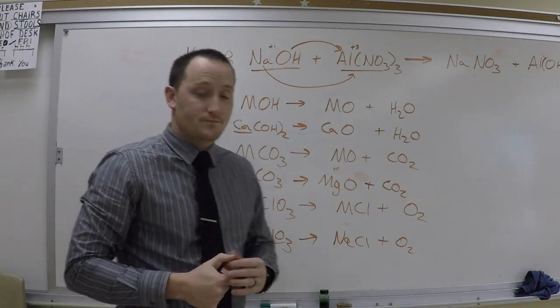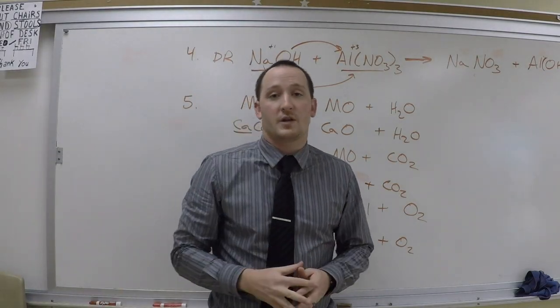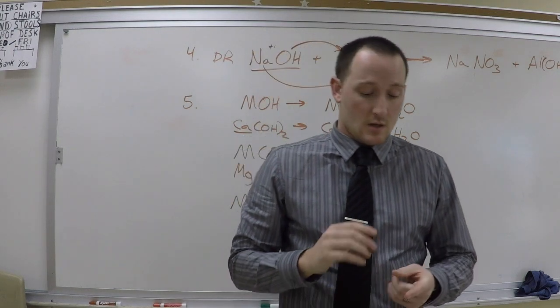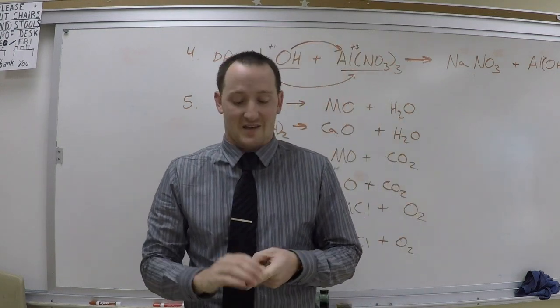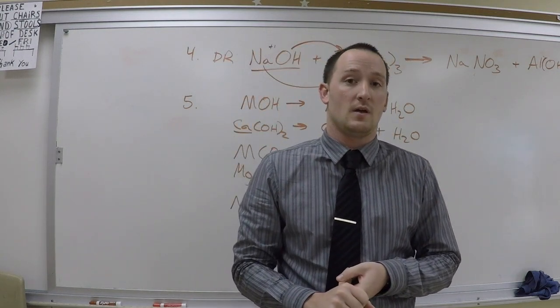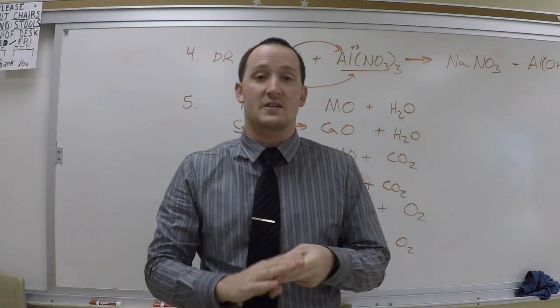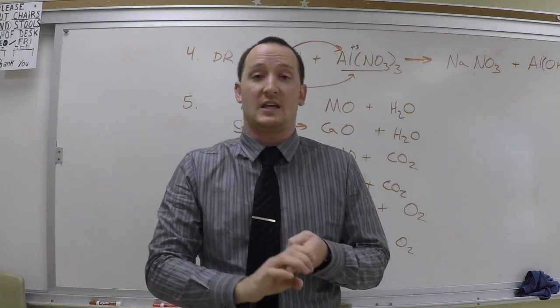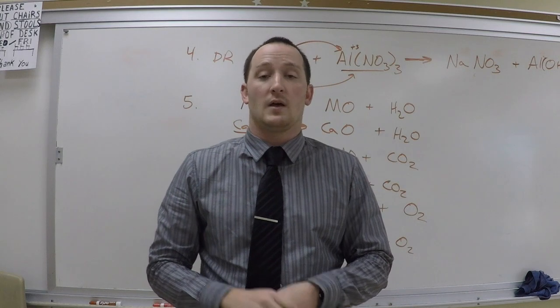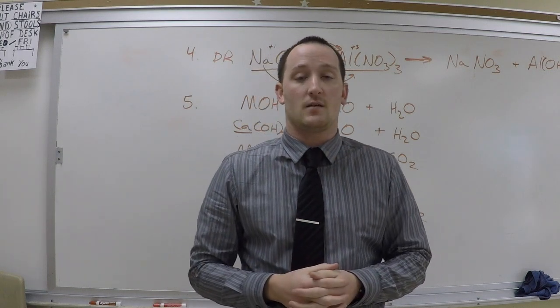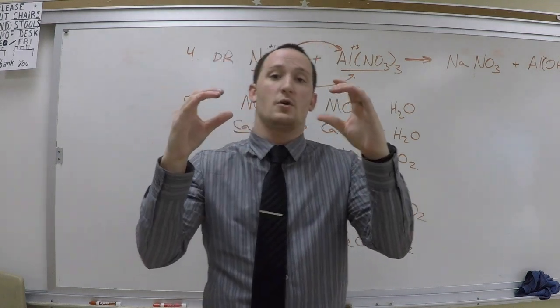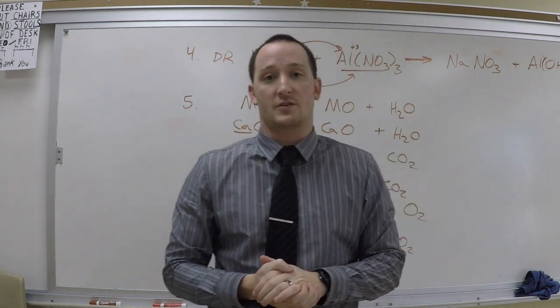So, in review, remember, in order to predict the products of a chemical reaction, the first thing you have to be able to do is identify the type of reaction. Is it a synthesis, single replacement, double replacement, decomposition, or a combustion? Then, after you've identified that, you use that to predict the products of the reaction.